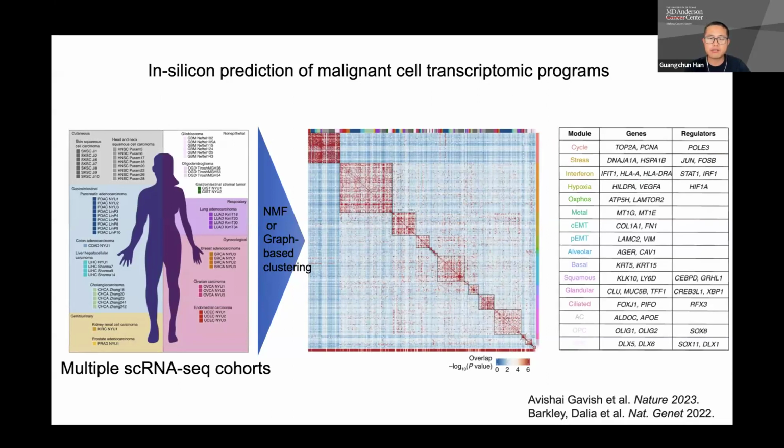This slide shows two individual published studies. The central goal of those two studies is to give us consistent, or relatively consistent, metaprograms that are synthesized using a computational method from multiple tumor types.